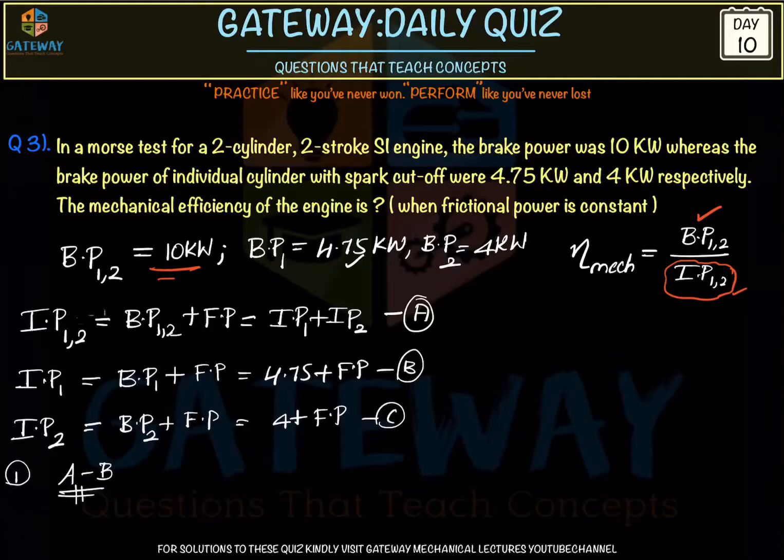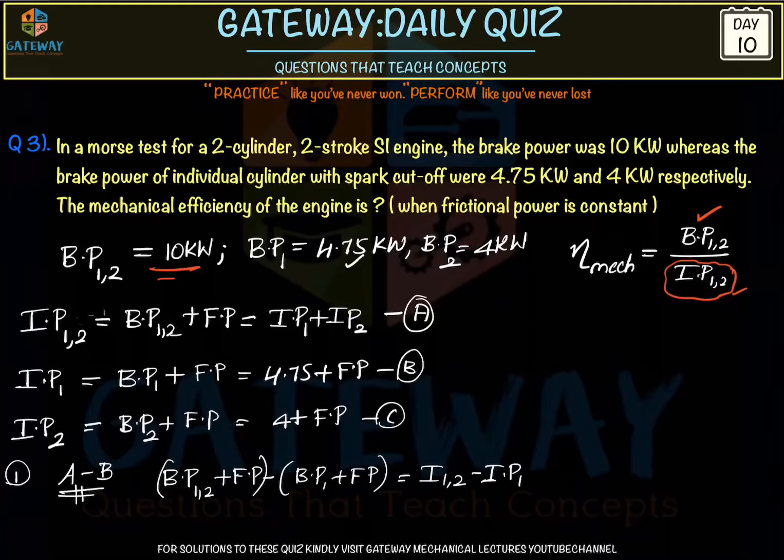By doing A minus B, that is BP of 1 comma 2 plus FP minus BP of 1 plus FP, which is nothing but IP of 1 comma 2 minus IP of 1.